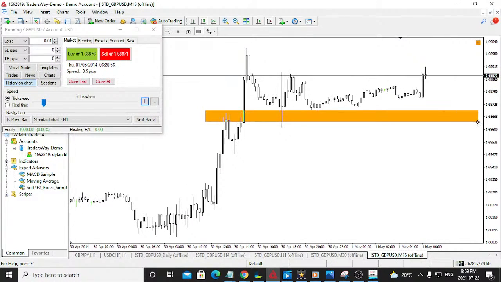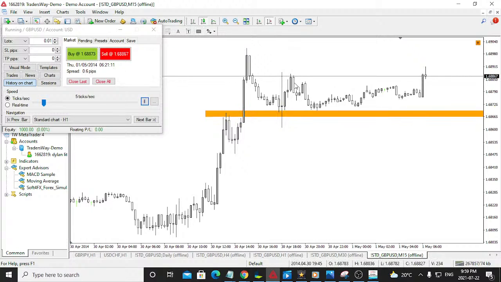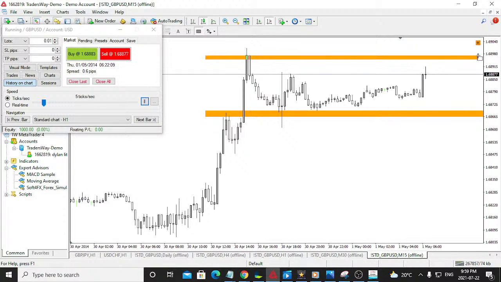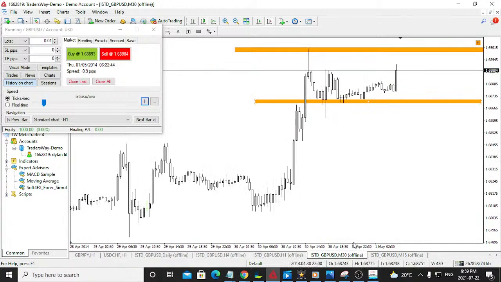So you have this level of support here, and this level of resistance here. So let's see what can happen. Price may want to break out the top here. It is 6:23 a.m. on the simulator, so this will be Eastern Standard Time.